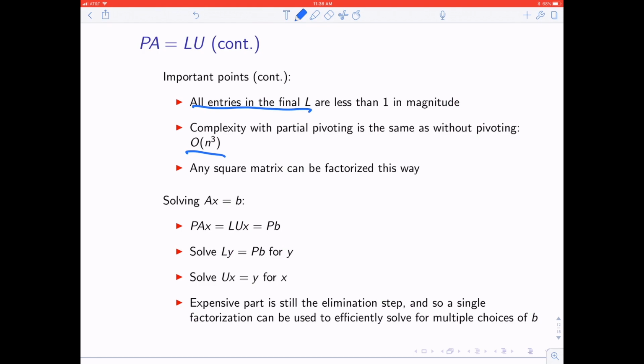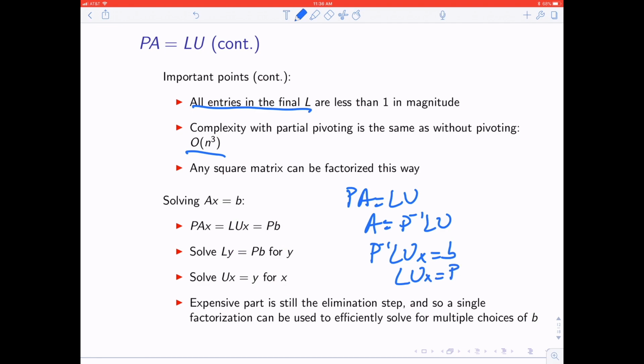So when we're solving AX equals B with the PA equals LU factorization, here's how we're going to do it. AX equals B, we remember that PA equals LU, so A is P inverse LU, which means that our problem is P inverse LUX equals B, or LUX equals PB. So the first step in solving LUX equals PB is you call UX by the name y, and you solve Ly equals PB for y.